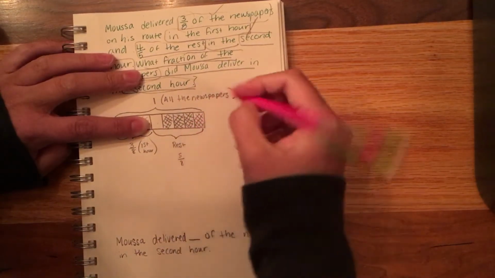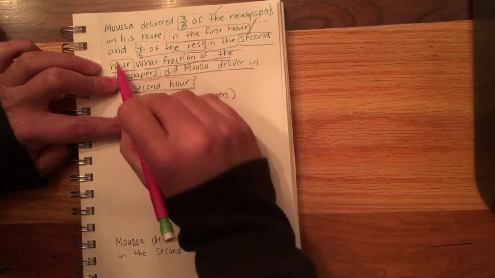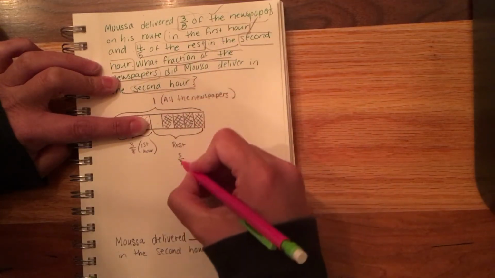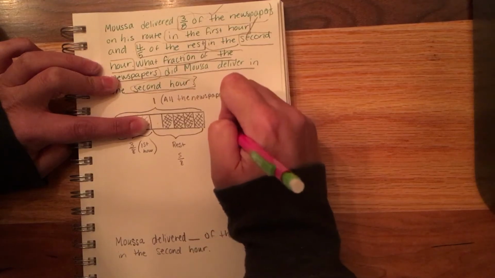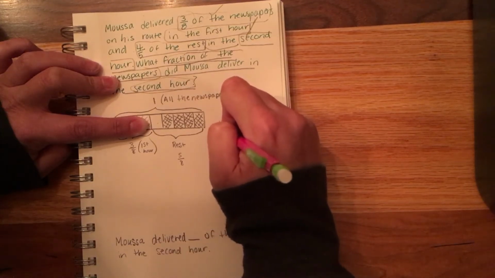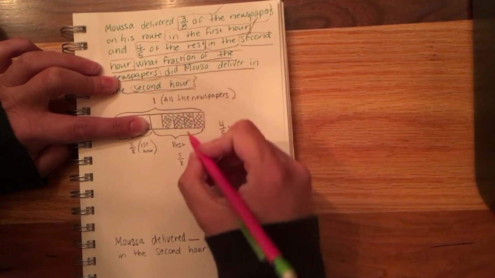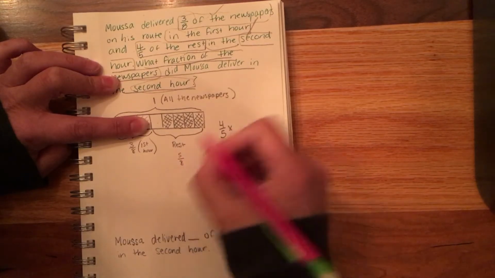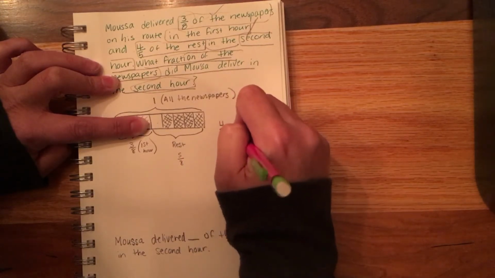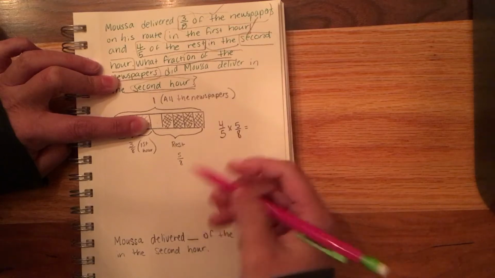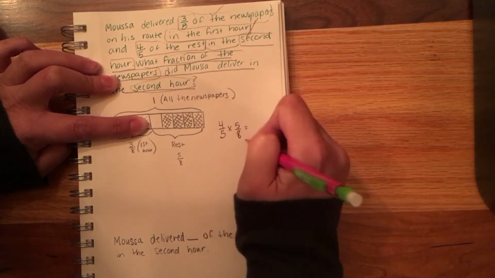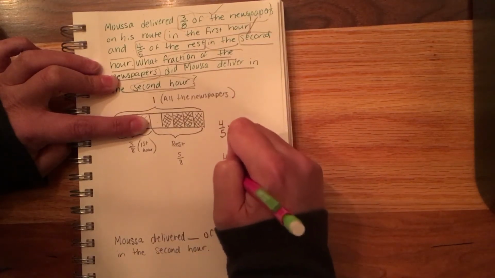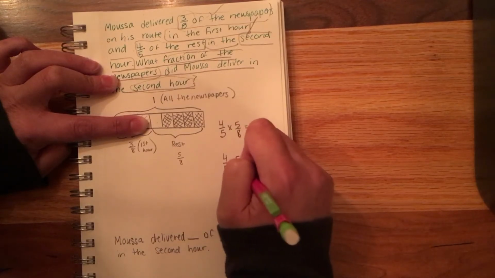So the second hour, he delivers 4/5 of the rest. The rest was 5/8. So the math to show for this would be 4/5 of the 5/8. Okay. Now, I can multiply across the top, multiply across the bottom, or I can solve this by finding common factors.